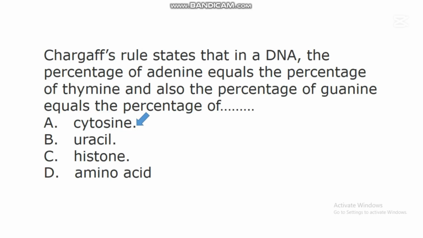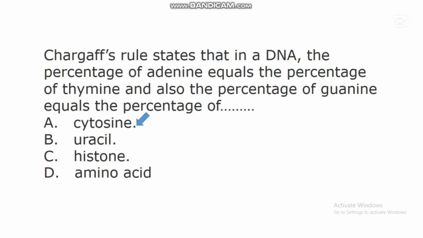So this man made it clear in his rule, or in his principle, that for a DNA to be complete, the amount of adenine will be equal to the thymine content, and the guanine content of that DNA will also be equal to cytosine.